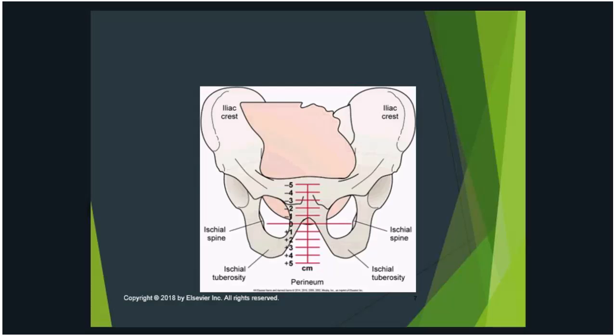So +1, -1, plus or minus 3. You see where the ischial spines are is at 0. So when the baby's plus, the baby's pretty close to being delivered. +3, baby will be out. Negative, baby's pretty high. So it'll take a lot of pushing for a while to get down to where they need to be.